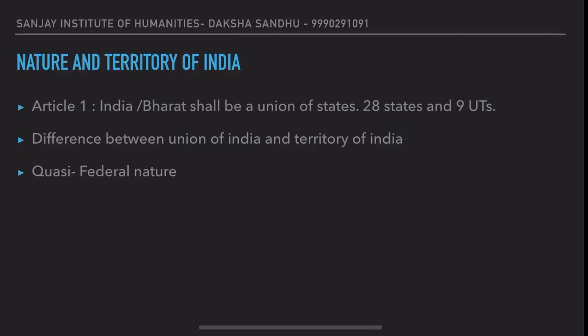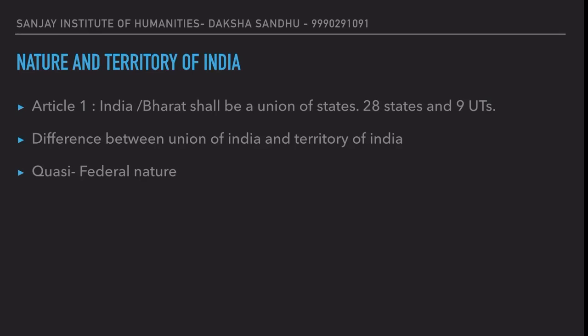Under the topic of the nature and territory of India, Article 1 is discussed, which states that India or Bharat shall be a union of states, and at present there are 28 states and 9 union territories. Why are there 9 union territories? Because recently Jammu and Kashmir and Ladakh were made two separate union territories, so there are no longer 29 states.